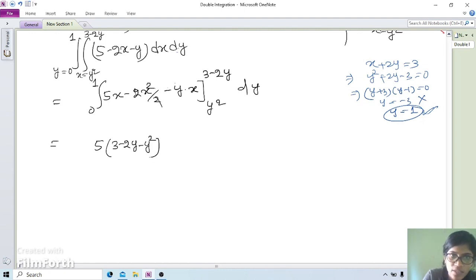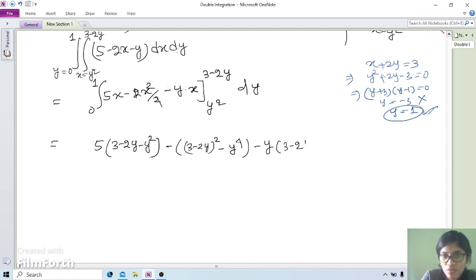Here 2 and 2 will cancel, minus x square, that means 3 minus 2y whole square minus y square whole square, that means y to the power 4, minus y into 3 minus 2y minus y square, into dy, from 0 to 1.